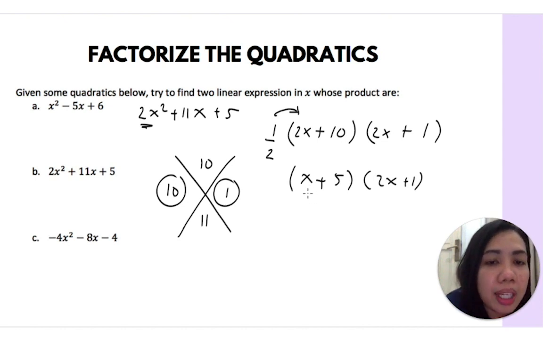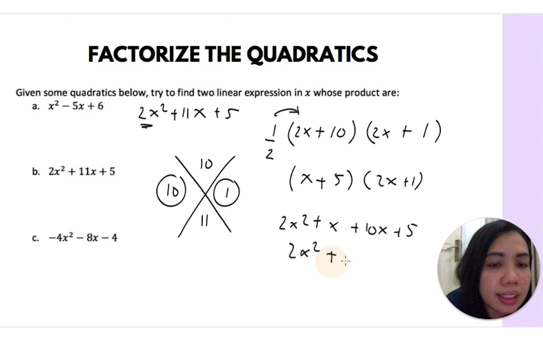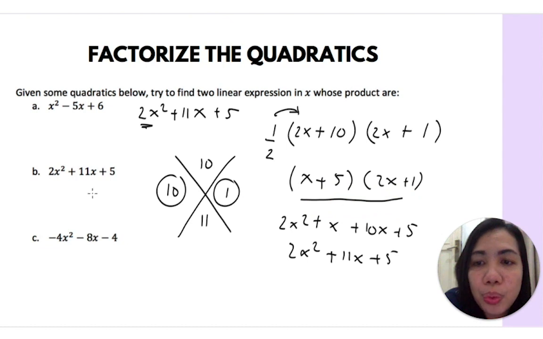You can multiply: this times this is 2x squared, this times this is 10x, x times 1 is x, and 5 times 1 is 5. Then 2x squared, x and 10x is 11x, plus 5, the same thing.